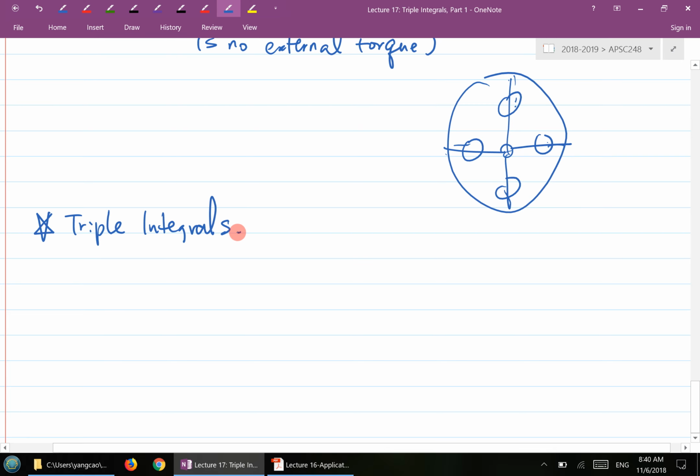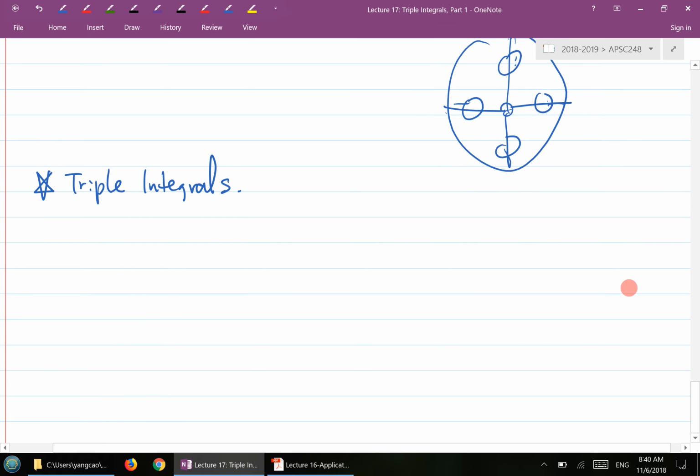First, let's look at where triple integrals come from and what exactly we can use triple integrals for. Let's consider a 3D region.